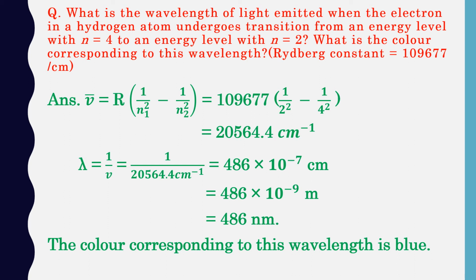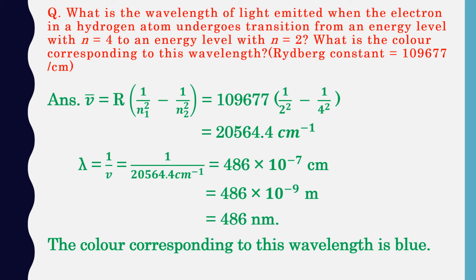So wavelength equals 1 upon nu bar, which is 1 divided by 20564.4 per centimeter. After dividing, we get 486 nanometers. So 486 nanometers corresponds to blue color. It lies in the visible region and is blue in color. I hope it's clear to you.